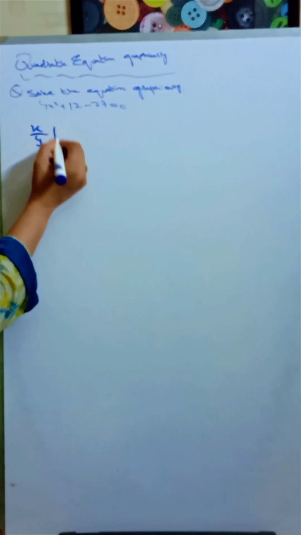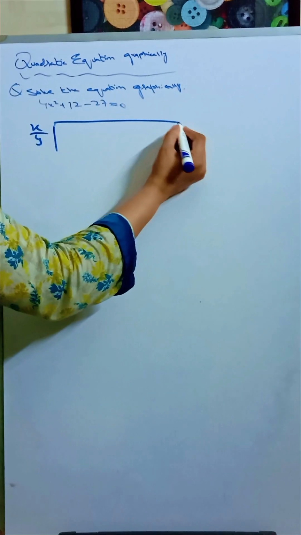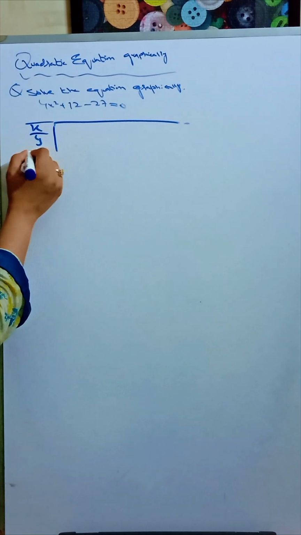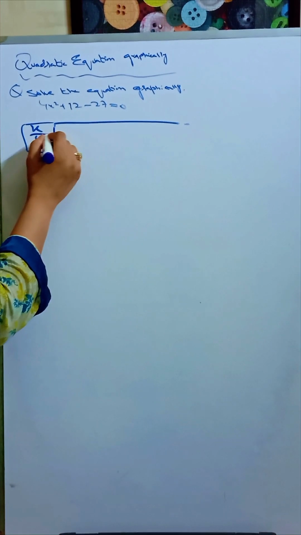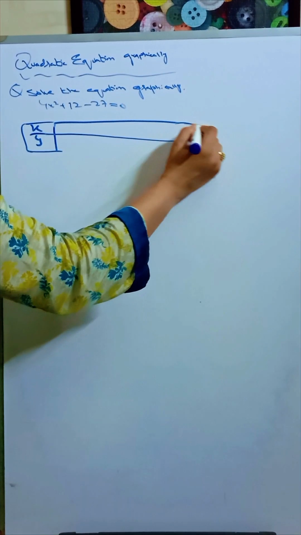Alright, to draw the graph, you know that we have to make the table first, with x and y. We want those values to represent it on the graph.